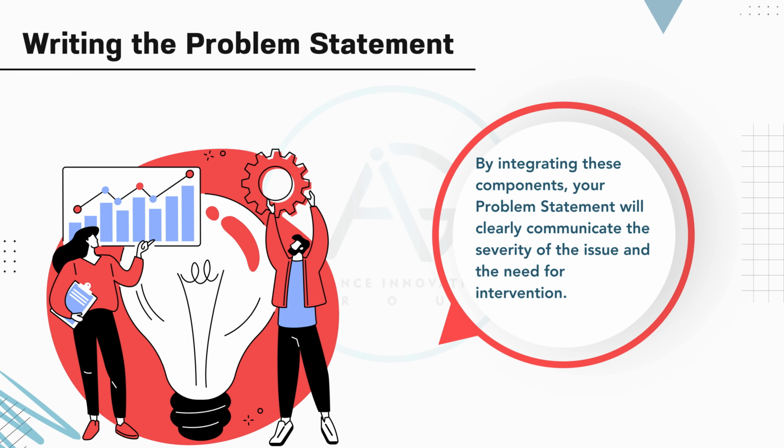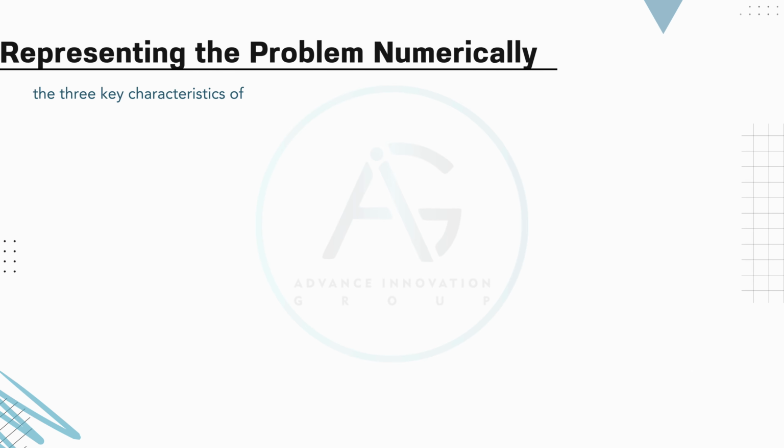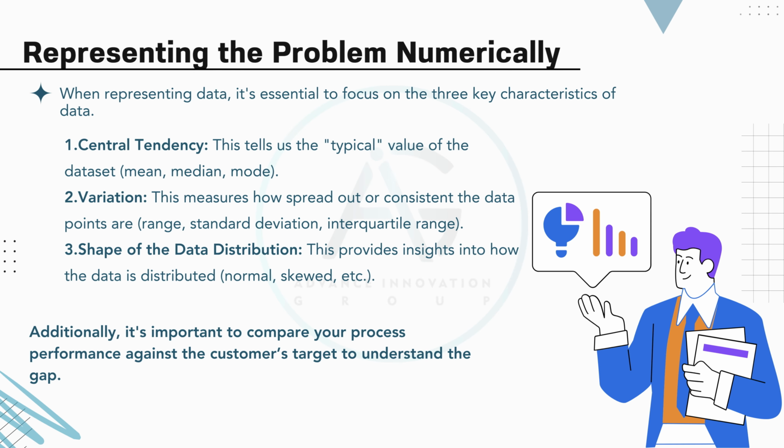This approach moves us from vague concerns to a credible, data-driven case that drives alignment and decision-making. A strong problem statement sets the stage for meaningful, results-focused solutions. To truly understand and communicate a problem, we must represent it numerically.